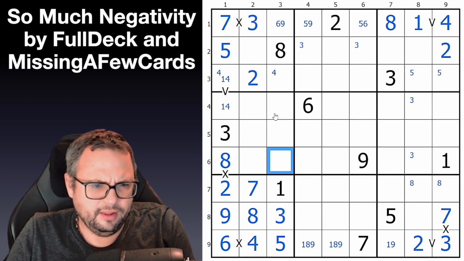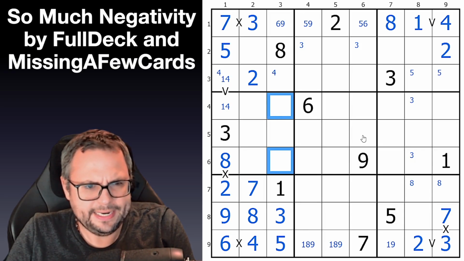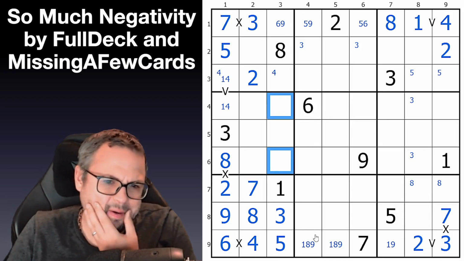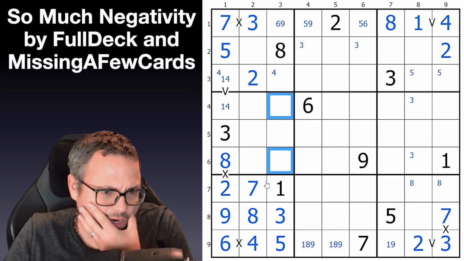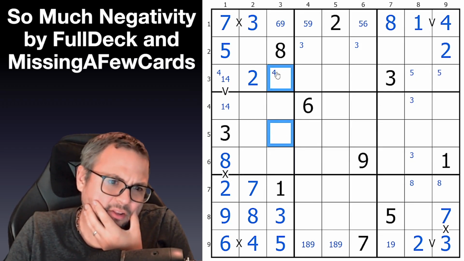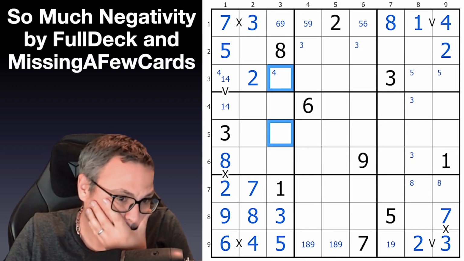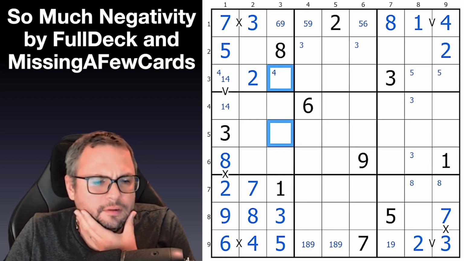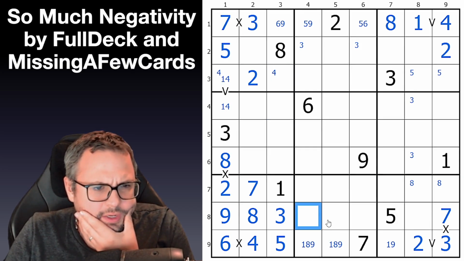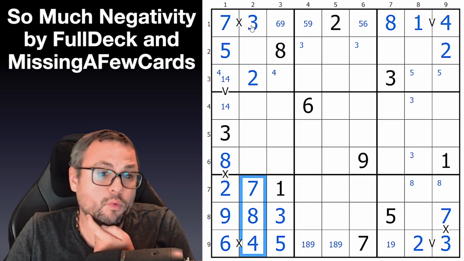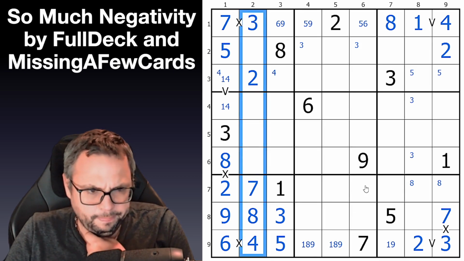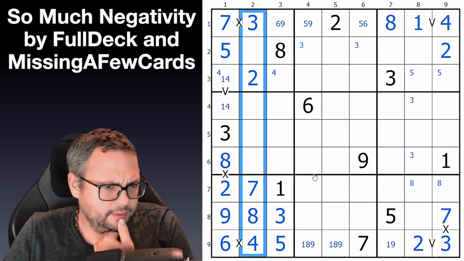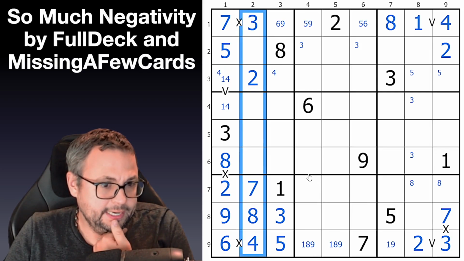4 in this column, I notice, is actually locked into 2 places, because those two can't be 4 by the negative constraint. So either that's 4 or that's 4. Which is weird, but I think correct. What do I have left to place in this column? I have to place a 1 in this column somewhere, and a 9.